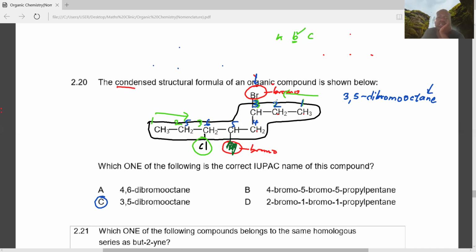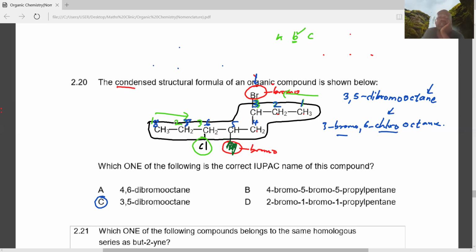So it's 1, 2, 3, 4, 5, 6, 7, 8. So now the name will be 3-bromo, and what is our chlorine? 6-chloro. Even in naming, we need to write alphabetically. Octane. Bromo comes first alphabetically before chloro.